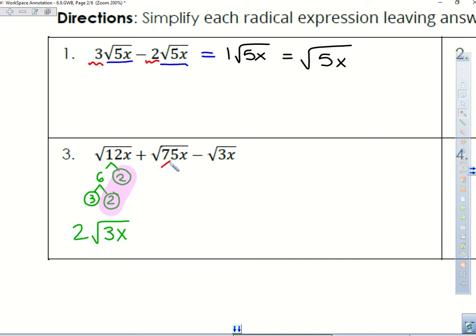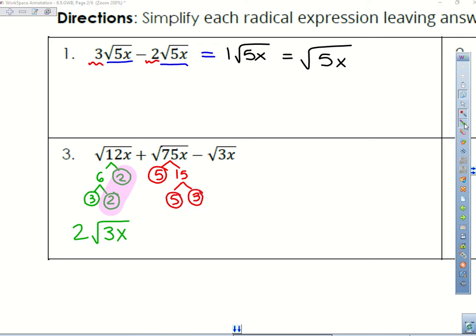Now for this one here, what can the 75 be broken up into? 15 and 5, or 3 and 25, that would have worked too. What does 15 break up into? 3 and 5. I'm actually going to put them in the opposite position, so you can pair them up together.